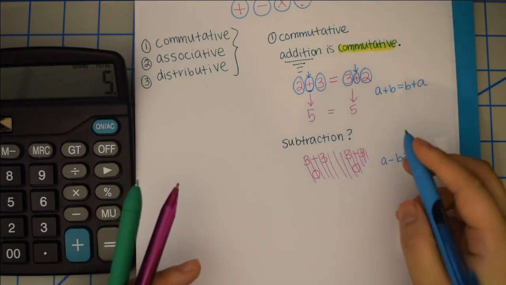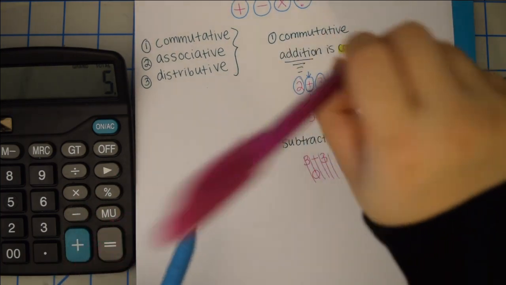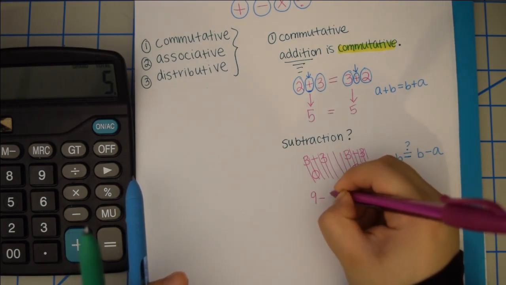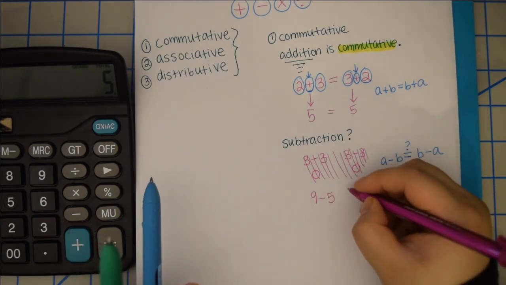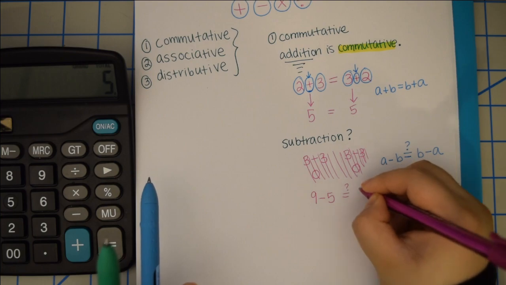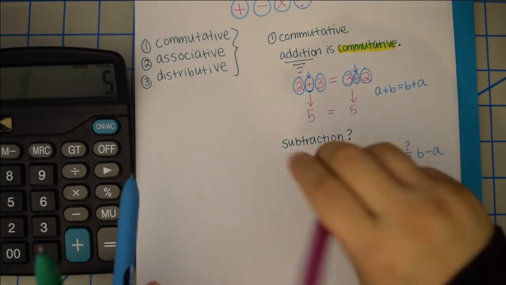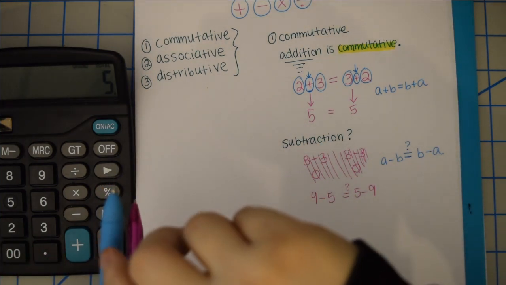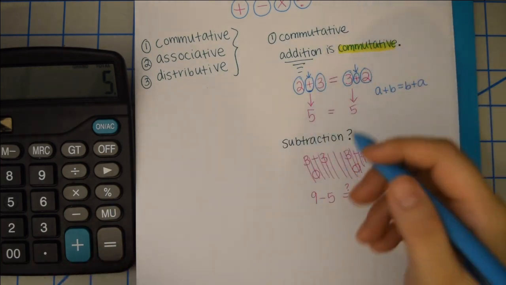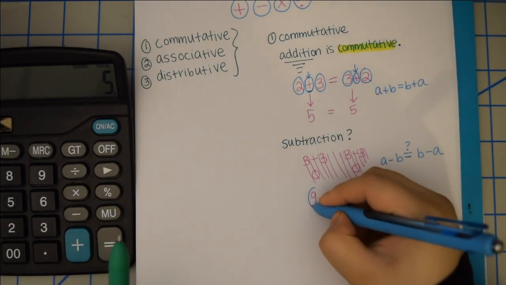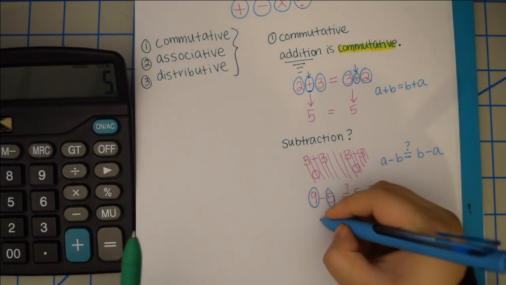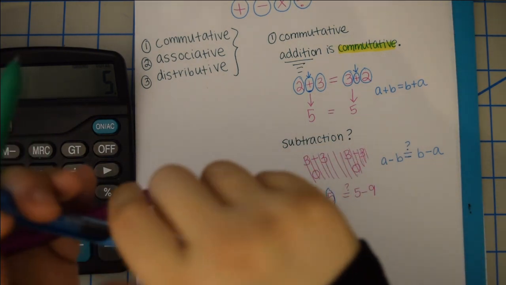And the answer there would be no, because let's take, for instance, 9 minus 5. Does that equal 5 minus 9? Well, 9 minus 5 is 4, right?